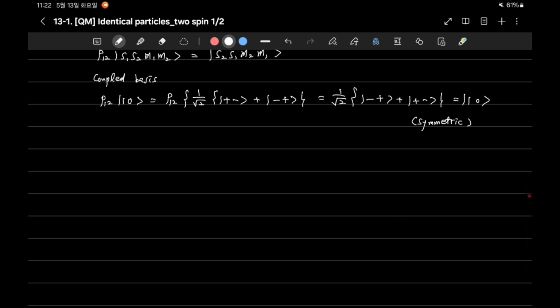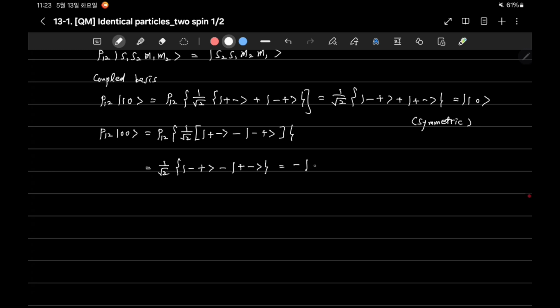But when you apply P12 to the 0, 0 coupled basis, P12 applied to 1 over square root 2 times up-down minus down-up gives 1 over square root 2 times down-up minus up-down. Then a minus sign appears: minus the 0, 0 state. Because the minus sign appears, we call it antisymmetric.